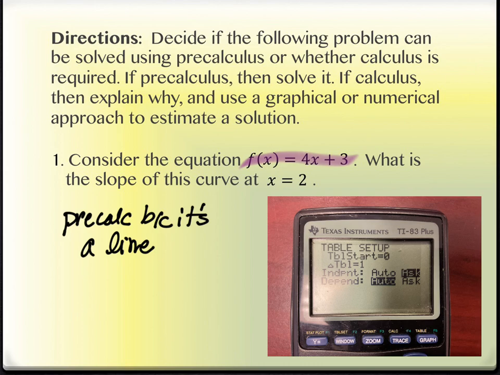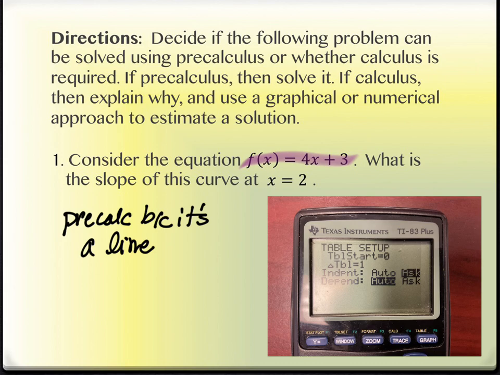What is the slope of this curve at x equal to 2? There's no calculations necessary. What is the slope of f of x equals 4x plus 3? 4. It's 4. Right? Yeah, that's an algebra thing that we've learned, right? It's in the location with y equals mx plus b, m is 4.